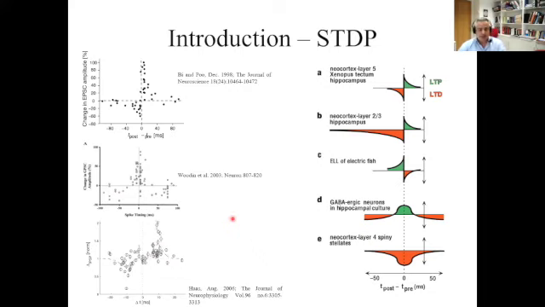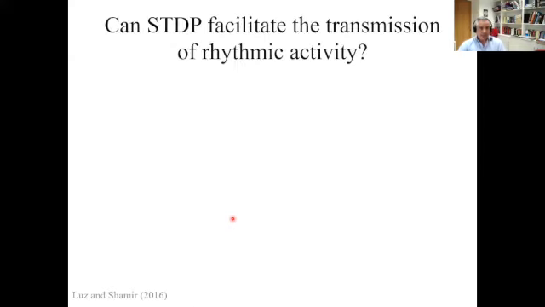So we have a wide array of possible temporal kernels for the STDP rule. What we want to understand is, can STDP actually facilitate the transmission of rhythmic activity by potentiating certain phases and depressing others, and how that may or may not depend on the specific STDP rule that is chosen. Maybe some rules are more suited to the transfer of rhythmic activity than others, and so on.